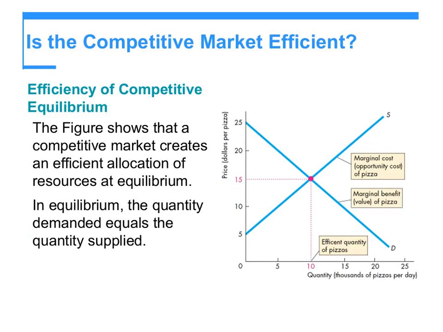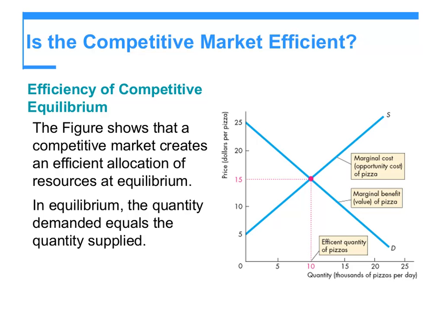When you are efficiently allocating resources, you are in equilibrium. The quantity demanded equals the quantity supplied.